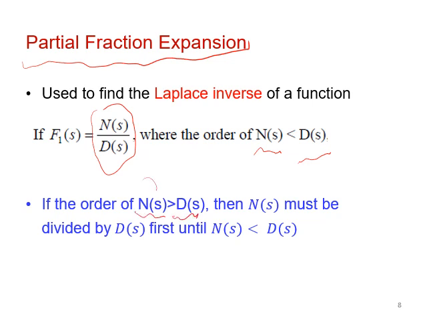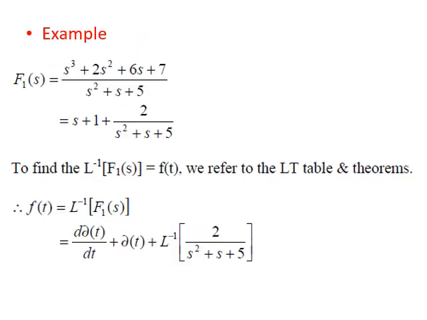The numerator is bigger than the denominator, or it has higher order than the denominator. We have to divide it until we get a constant or certain variable plus numerator over denominator, where at that situation we are going to get N(s) smaller than D(s). So this is to be seen in the example in the next slide.